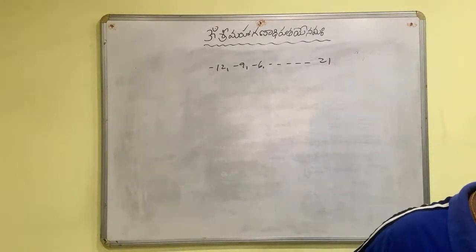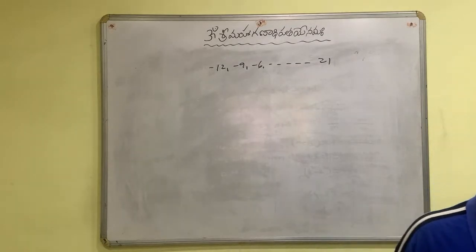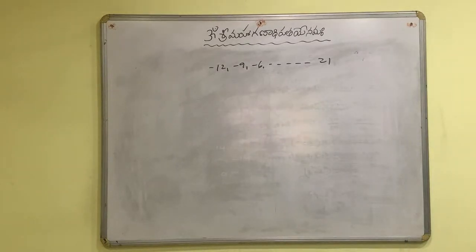AN, where the index is N. You need to find out N. So in order to find out N, first consider 21 as AN.